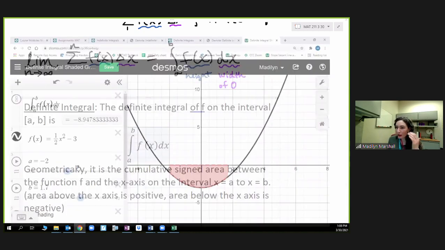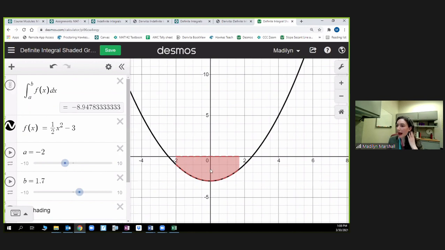So the cumulative part means that we're adding up any separate areas. So if I move this over, I can actually get an area close to 0.